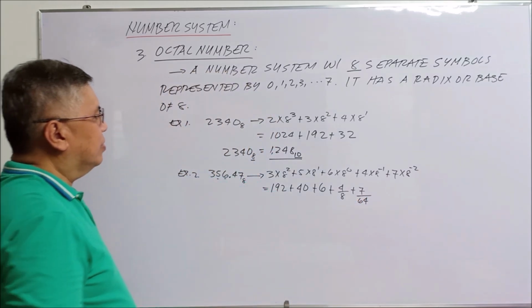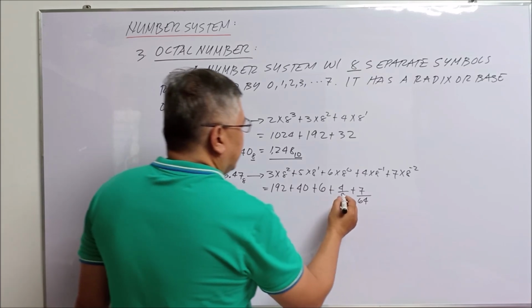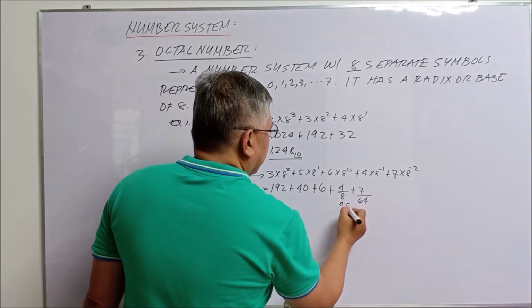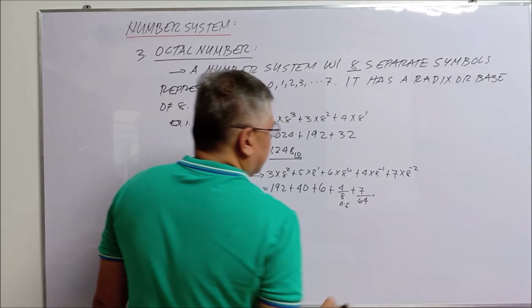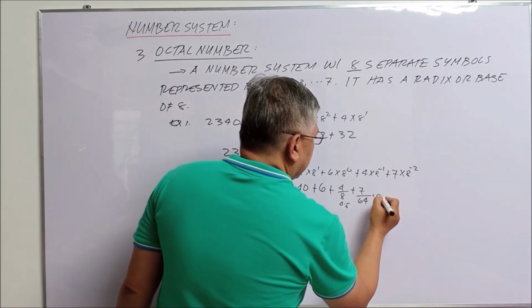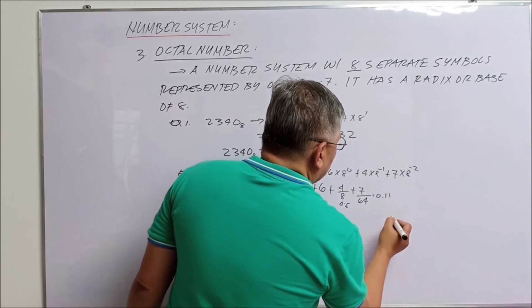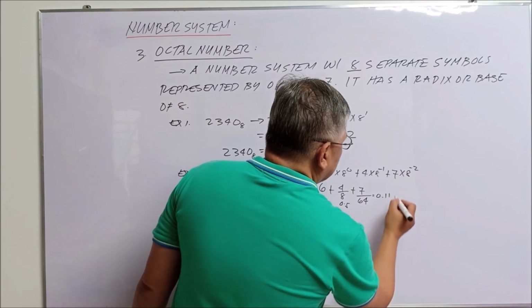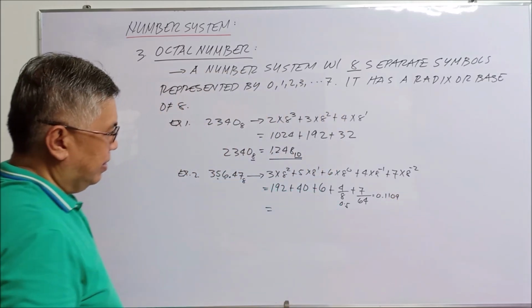So what will be the value? What is 4 over 8? That is 1/2, that is 0.5. And this one here is 0.1109.